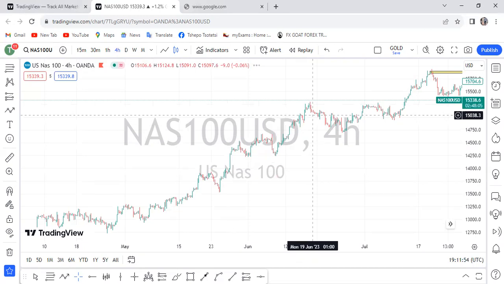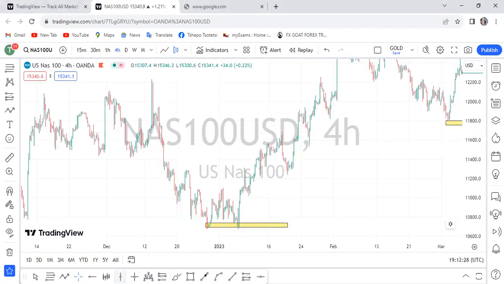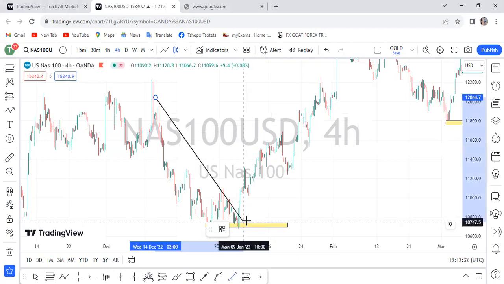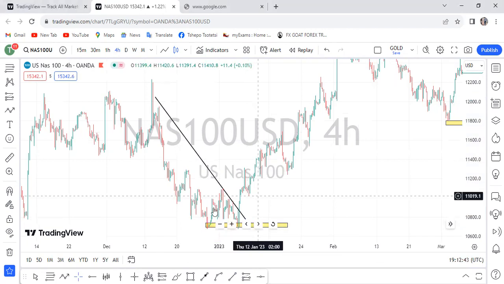if you look at the market at this level, we can see from here we're in a downtrend. We're in a downtrend because the market was making lower lows and lower highs.